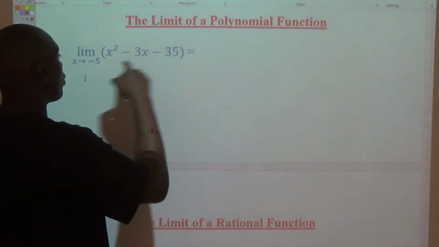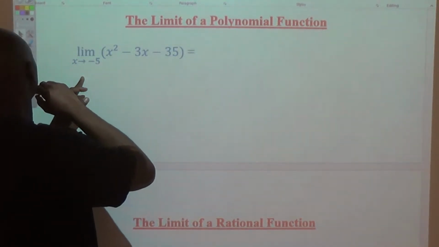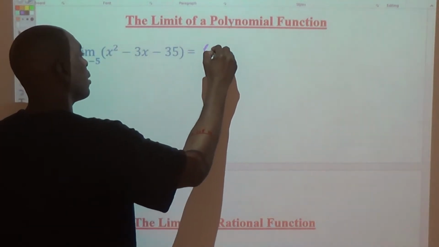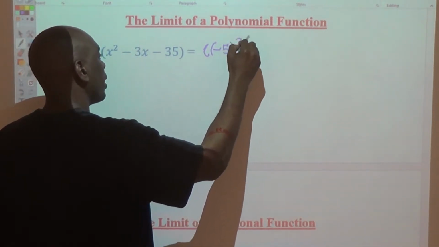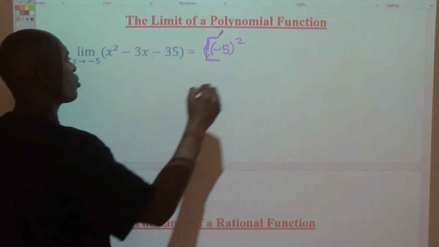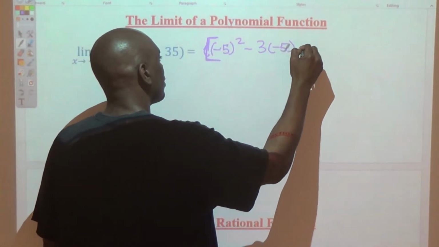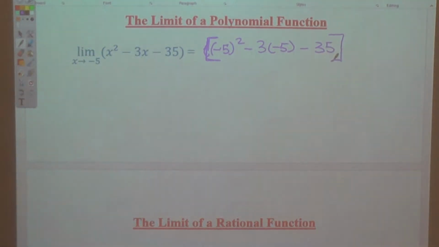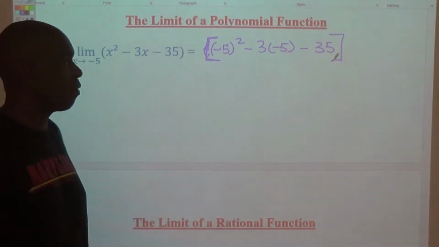So, when we put -5 in for x, we're going to get -5 quantity squared minus 3 times -5 minus 35. And then just do the arithmetic here, and you'll be all right.